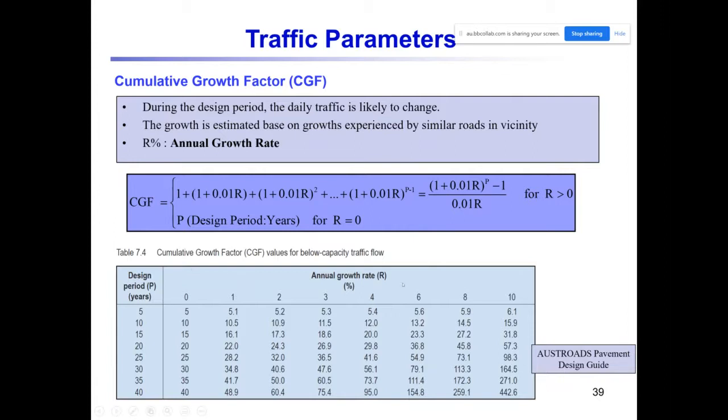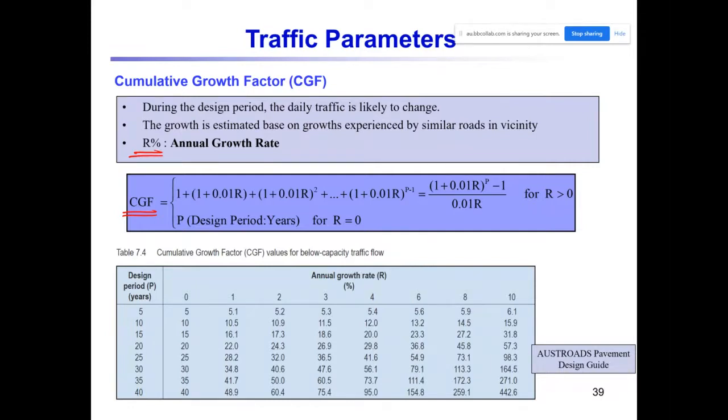So during the design period, the daily traffic is likely to change. In order to calculate that, we need to define the rate of annual growth. And eventually we need to calculate the cumulative growth factor. There's an equation from statistics.